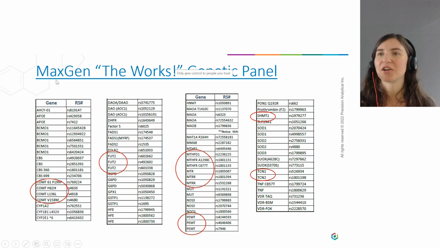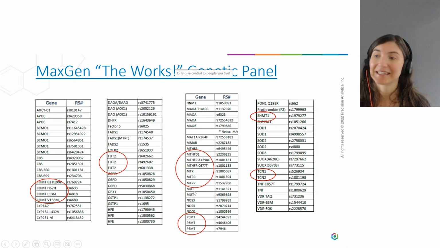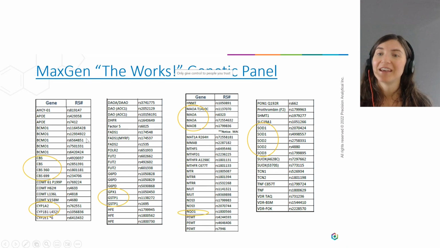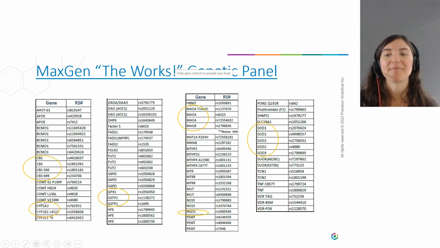So this is kind of some of the genes that the MaxGen Works panel tests. And all of the genes that we listed before, it tests. It looks at various SNPs of all these genes. And on top of it, it also looks at CBS, which can help move homocysteine over to glutathione eventually down that pathway.